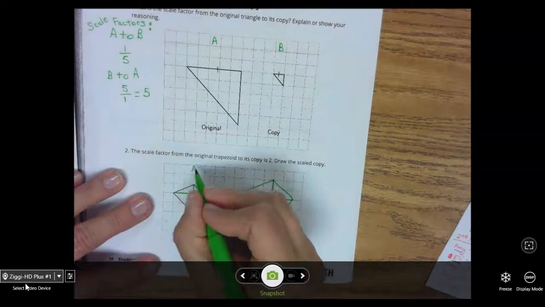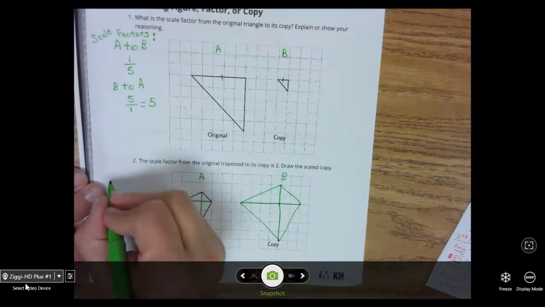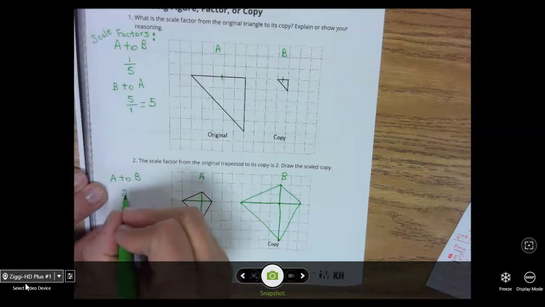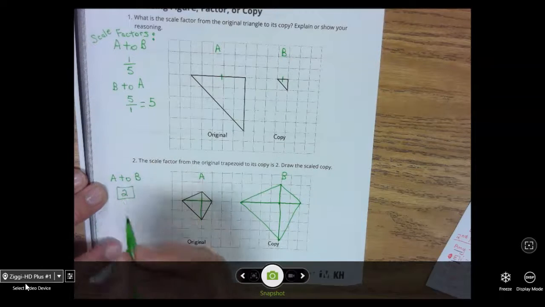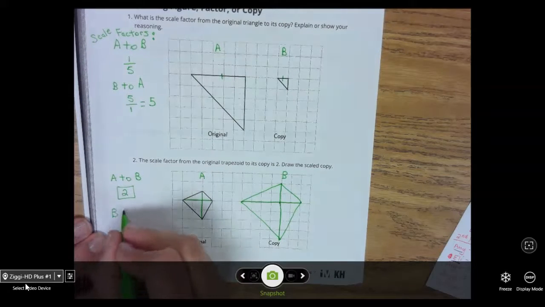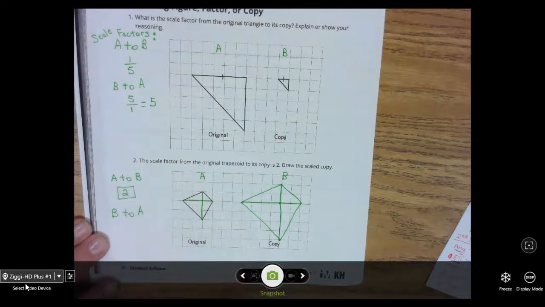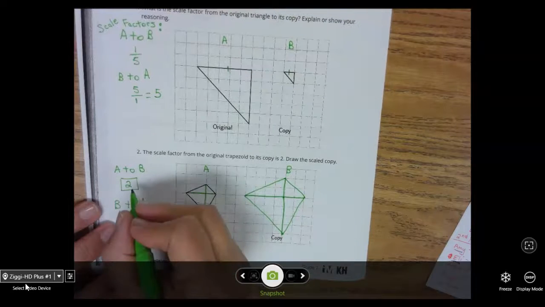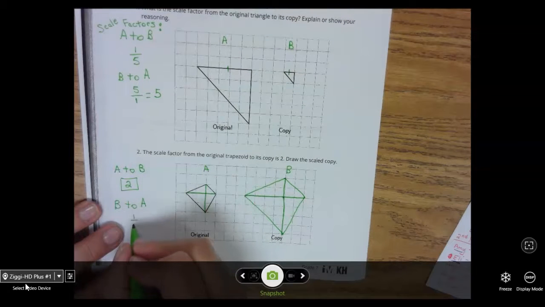Okay, so they told us A to B had a scale factor of 2. B to A would have a scale factor of what then? B to A. Well, it would be the reciprocal of 2, or 1/2.